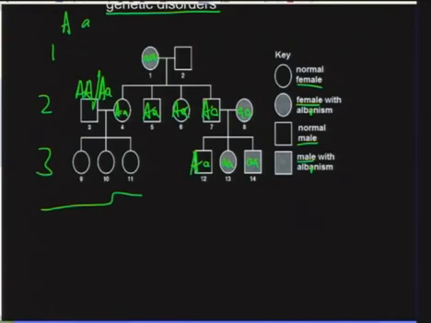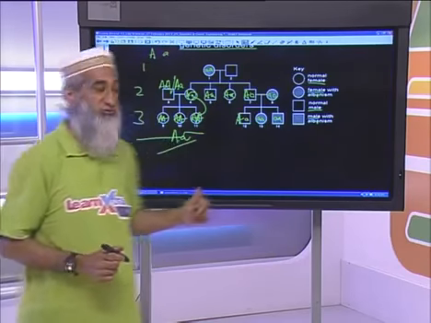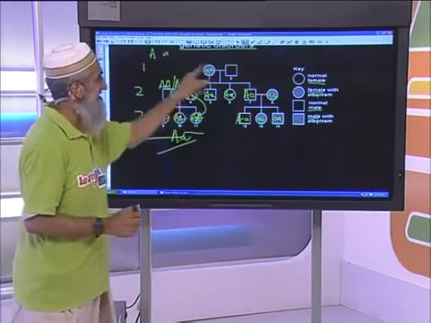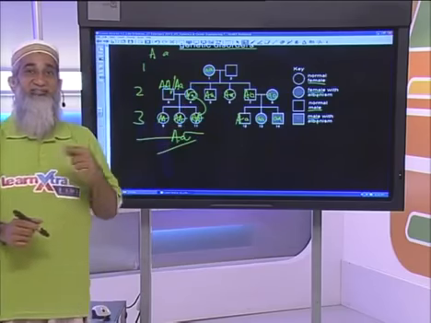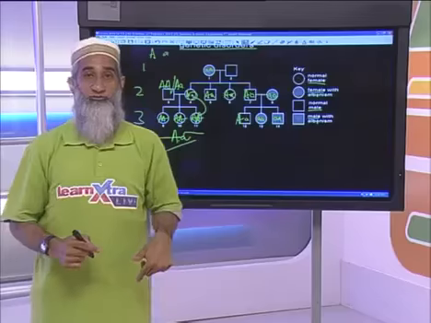And if all these offspring are normal, any one of them could have been Aa, because they could have inherited the small a gene from the mother and the other normal gene from the father. Now notice, if you do what I just told you, first fill in the recessive characteristics and thereafter work backwards or forwards or upwards or downwards.